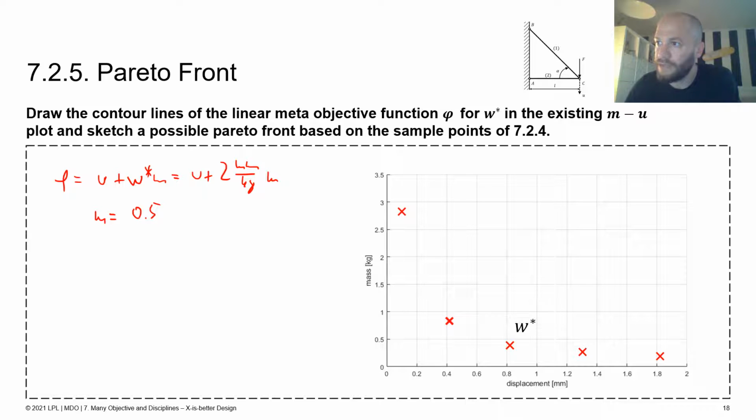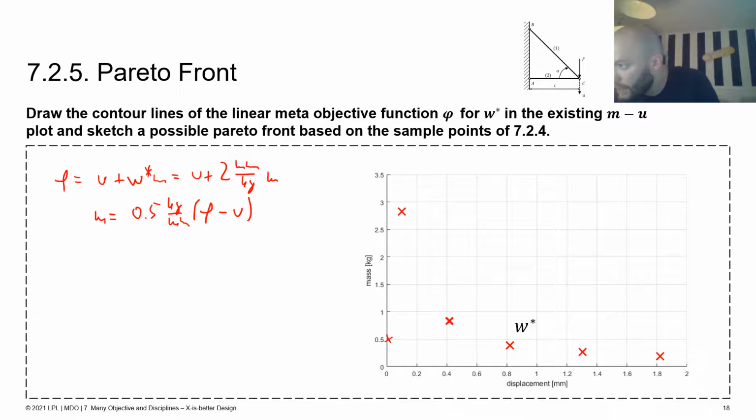And with this, we can then draw the contour lines, because for a chosen phi, we can draw one line of the linear meta objective function. So we can just vary the phi now with a given weight, and this is how the meta objective function can be constructed. So maybe just as an example, I will try to do it. So the slope is 0.5.